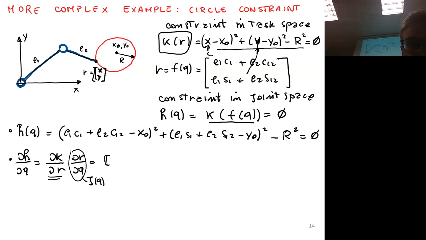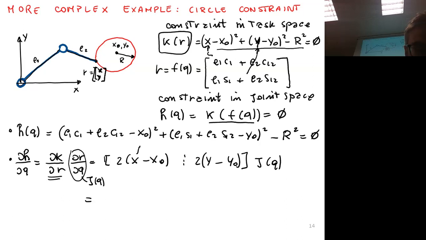So we get twice the argument because it's a quadratic argument. And we get 2y0, y minus y0, times the Jacobian. And if we replace the forward kinematics, we get the full expression.